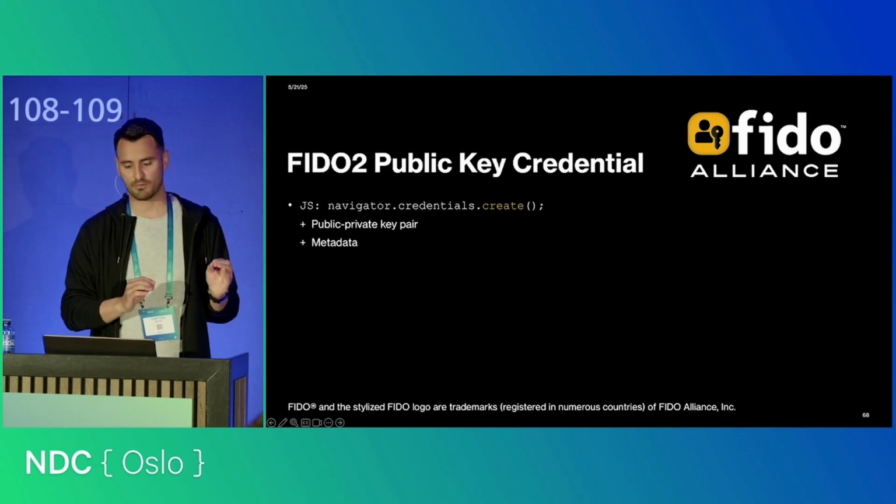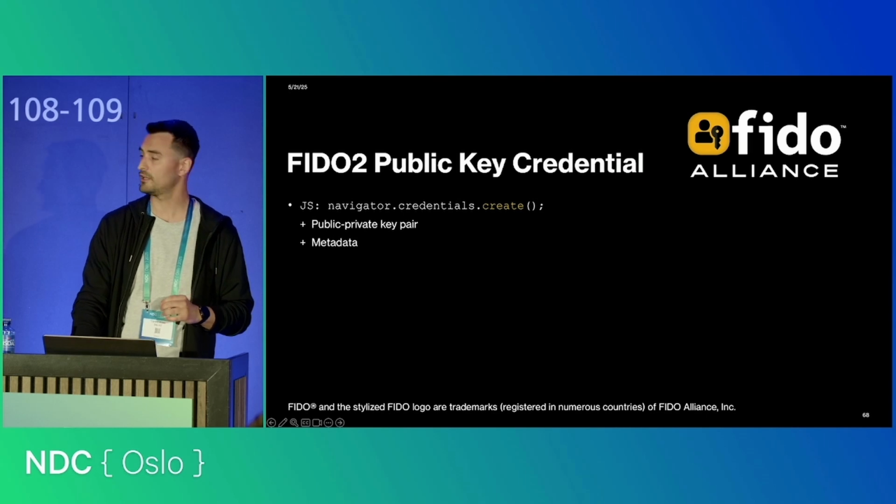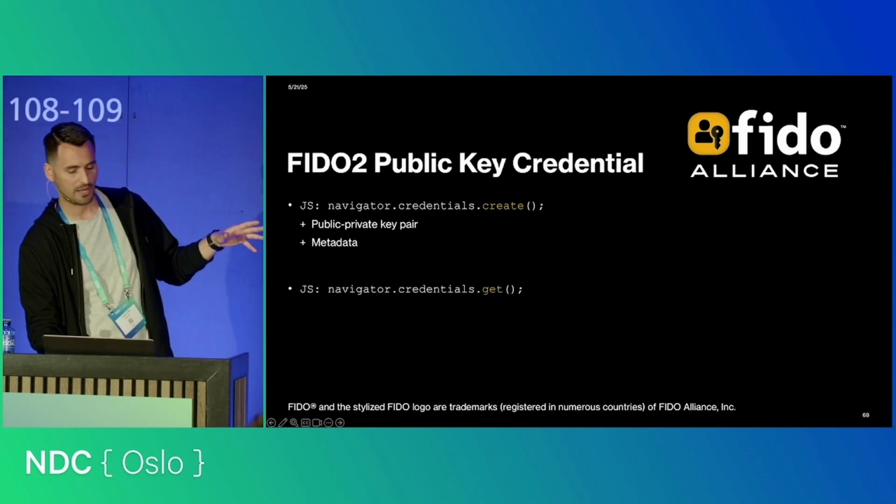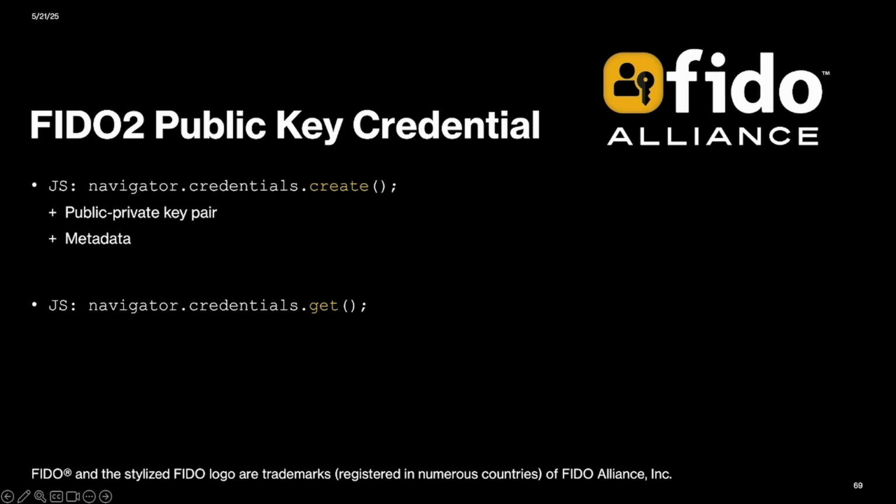Once you have created the key pair, you can use it to authenticate by calling navigator.credentials.get. This will make the browser talk to the authenticator over CTAP2. The authenticator looks for the private key, and if it's there, the authenticator asks the user for consent.